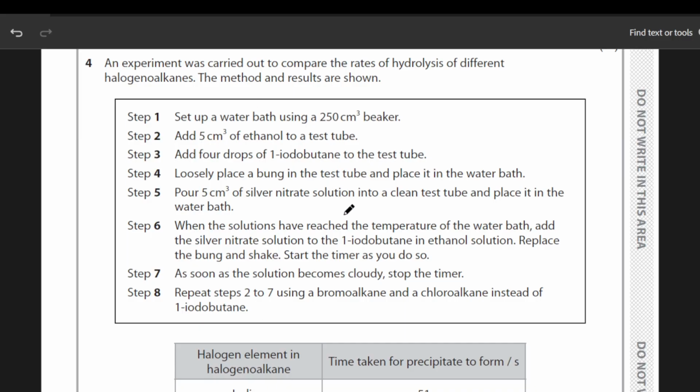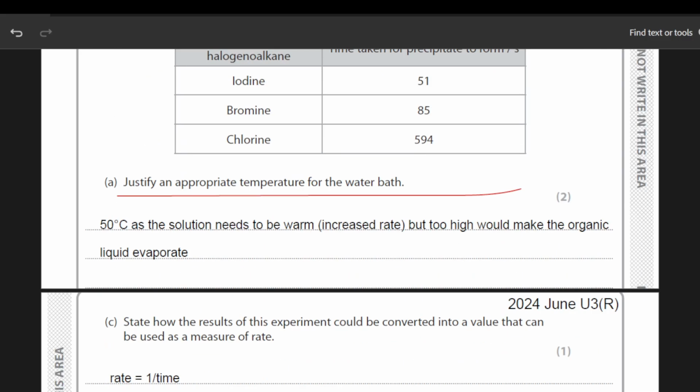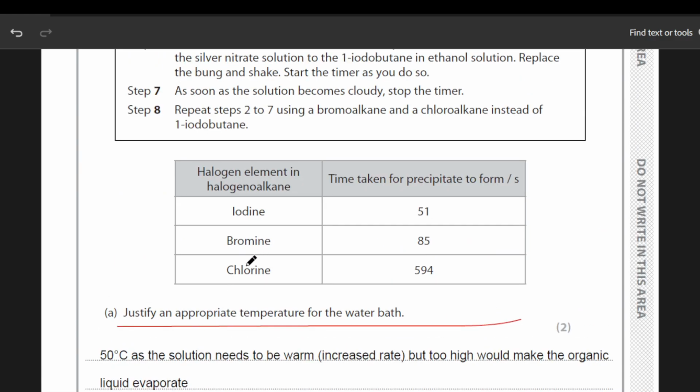You can clearly see. So they said here, justify an appropriate temperature for the water bath. How do you justify the appropriate temperature for the water bath? Now, it must be 50 degrees Celsius, because first of all the solution needs to be warm, right?